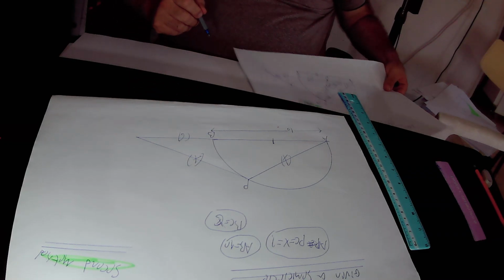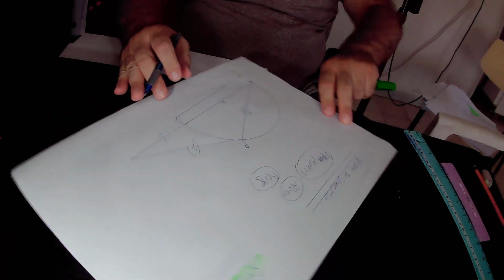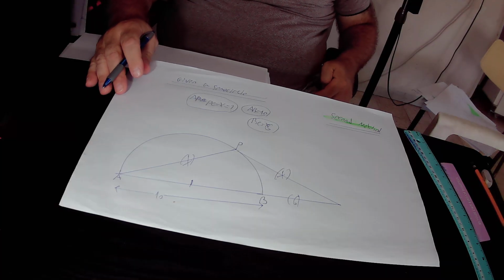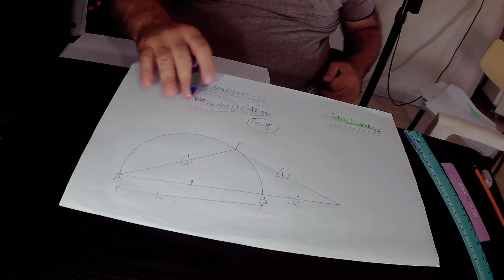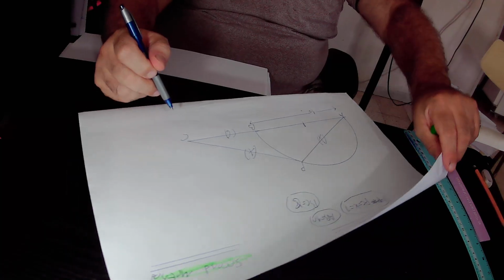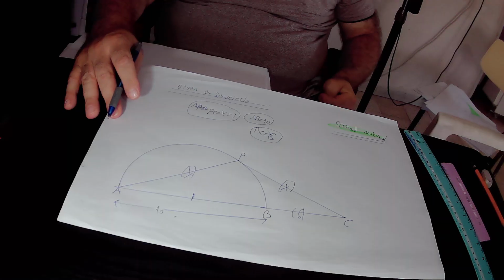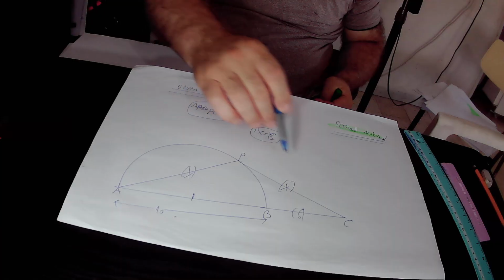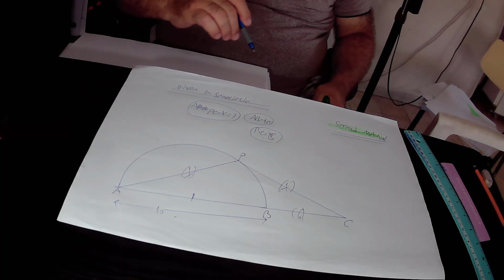In the second method, we use the rule that I already mentioned in the first question, that the perpendicular to the base of an isosceles triangle bisects the base. Triangle APC is an isosceles triangle because side AP equals side PC equals X.